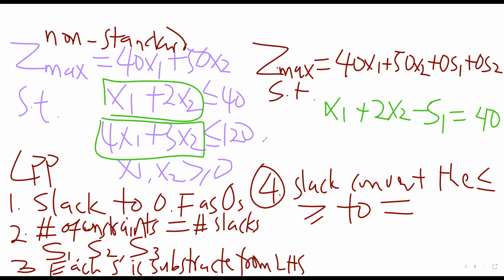Now, who can tell me how I should write that constraint given the rules I've just said? How would you have written the second constraint? Okay, one of you said 4x1 plus 3x2 minus 0s2, but you've lost it there.